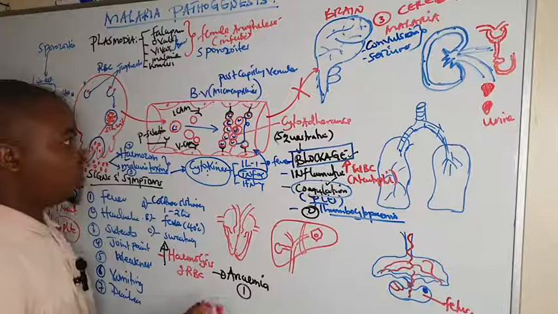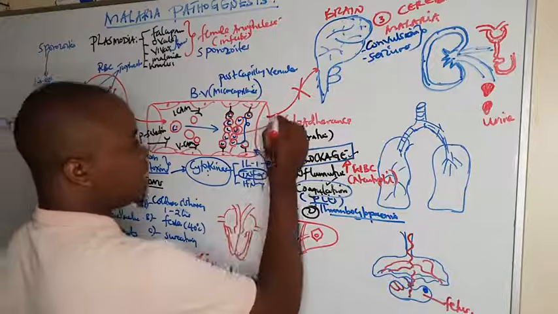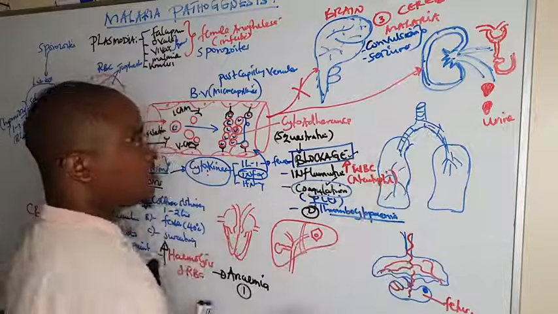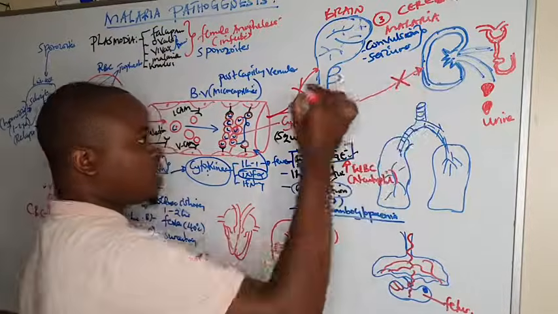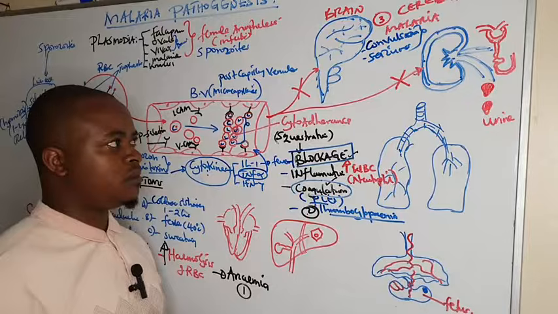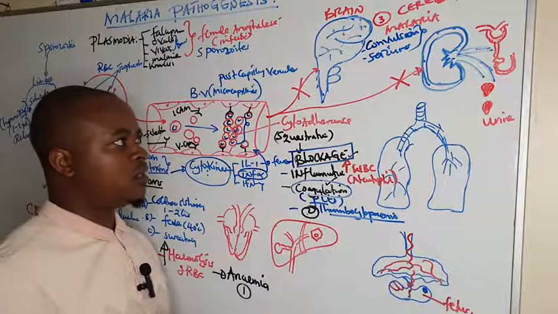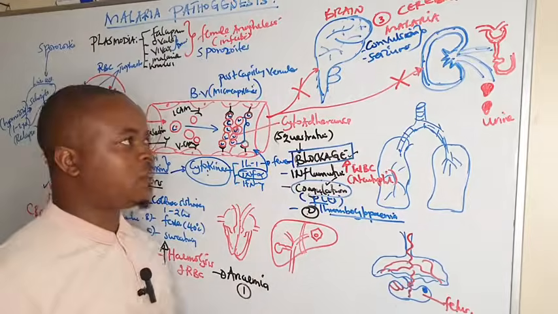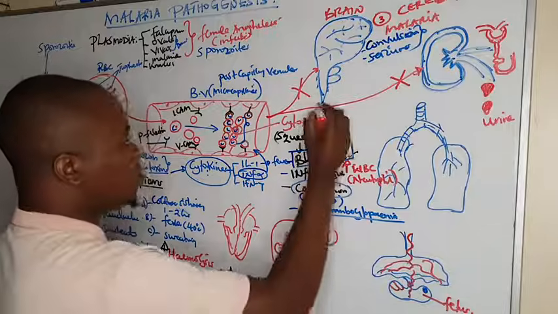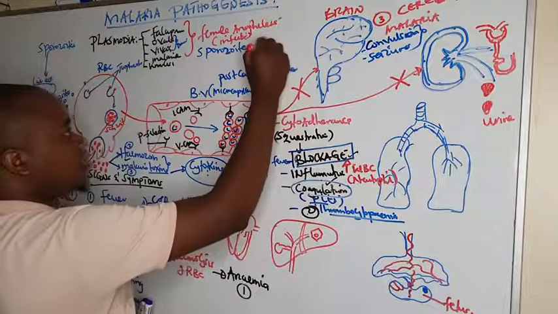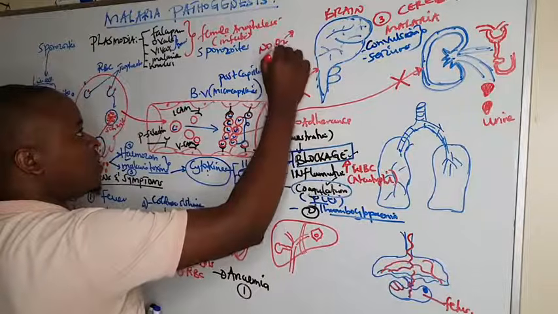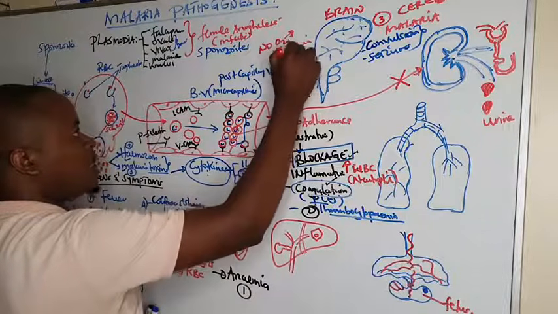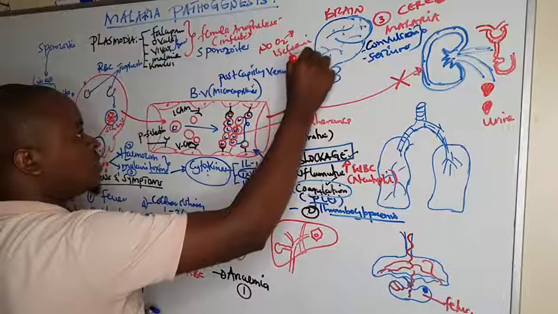Another one, suppose this small capillary is supplying the kidneys, and the blood vessels supplying the kidney are destroyed. There is no more supply. So when there is no blood supply, it means there is no oxygen, and no oxygen leads to ischemia, and ischemia leads to tissue necrosis.